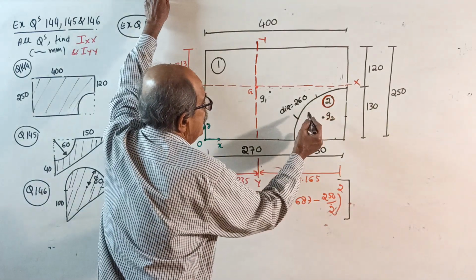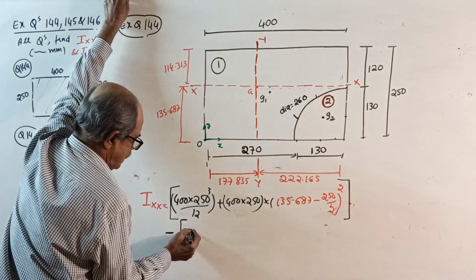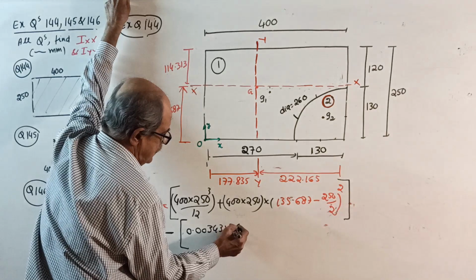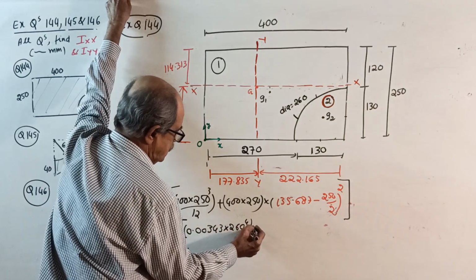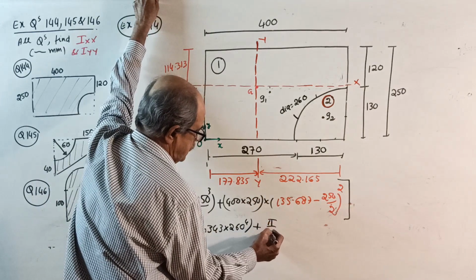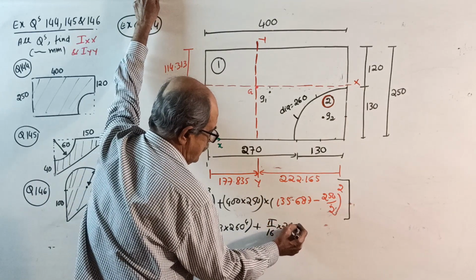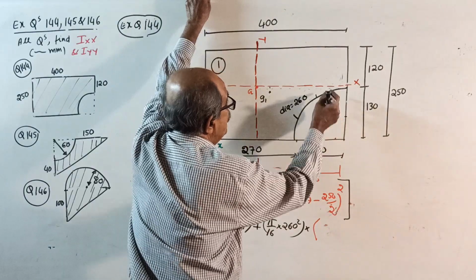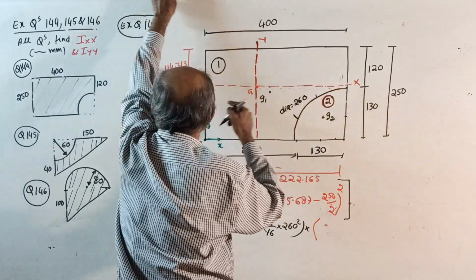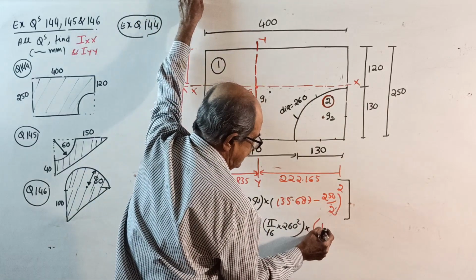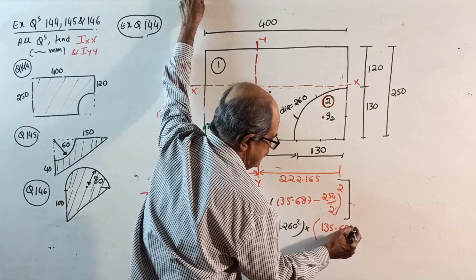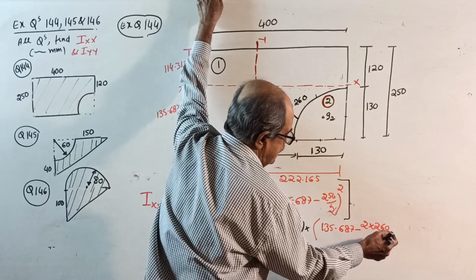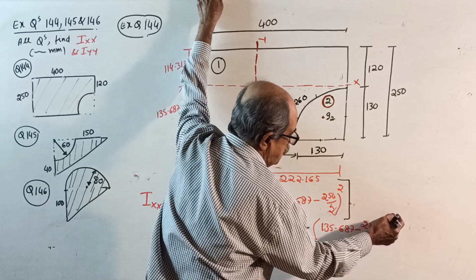Ixx for 2 about its own axis is 0.00343 into diameter 260 power 4, plus area pi by 16 of 260 squared, into, from the centroid to xx, this distance squared is 135.687 minus this distance, which is 2 into 260 divided by 3 pi, whole square.